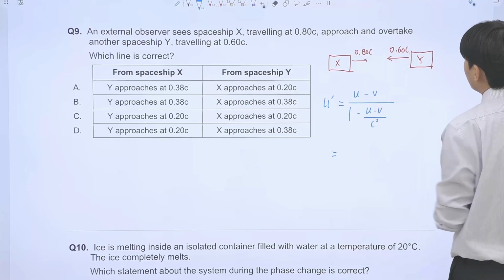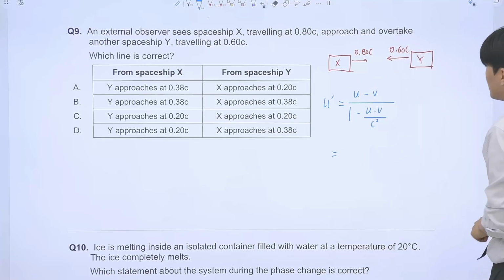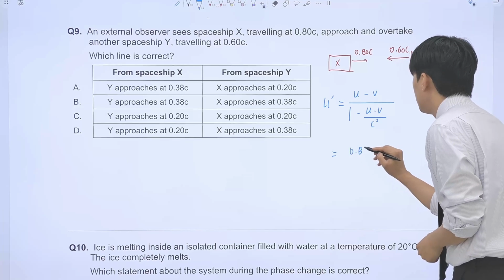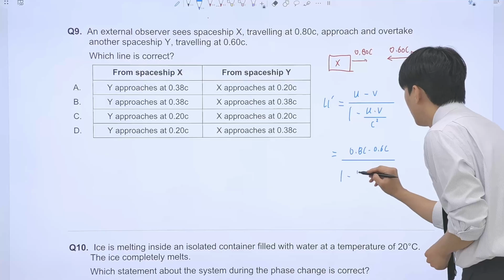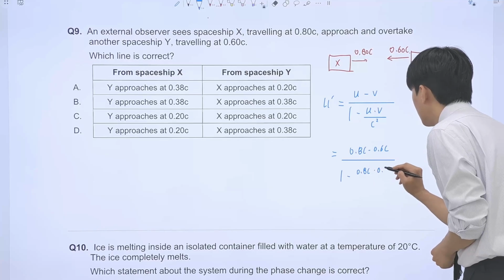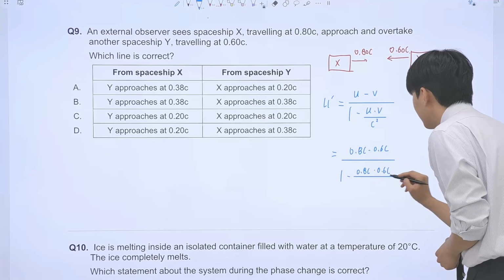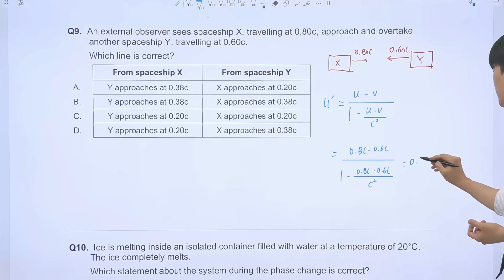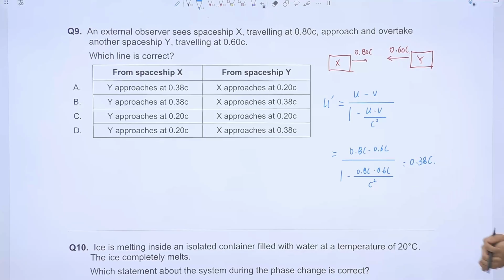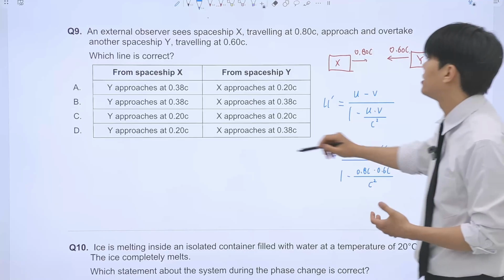Instead of u you have 0.8c, and instead of v you have 0.6c. So 0.8c minus 0.6c over 1 minus 0.8c times 0.6c over c squared. When you calculate that, you get 0.38c, okay? In that case, that one is correct.